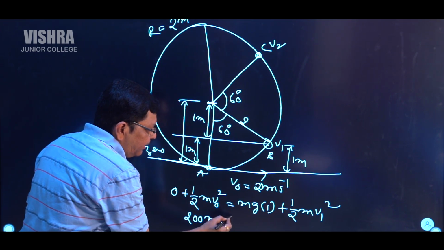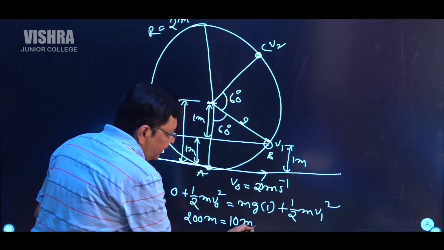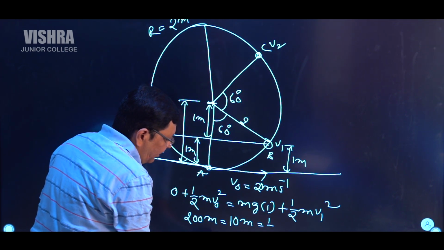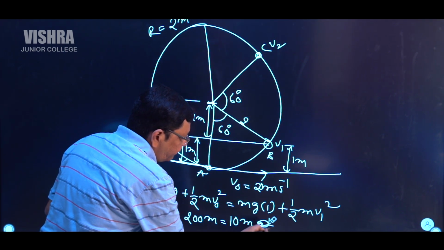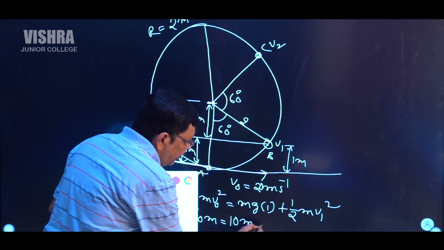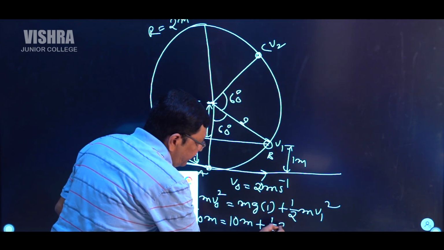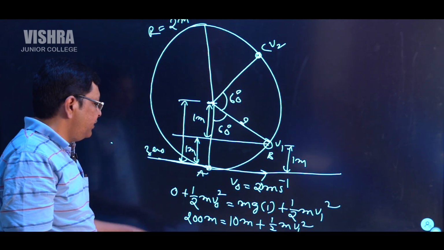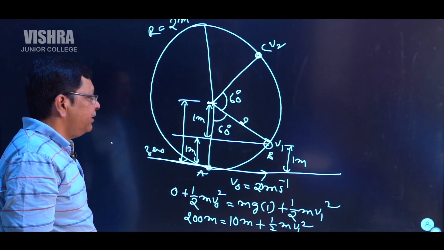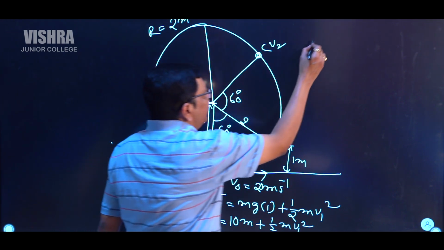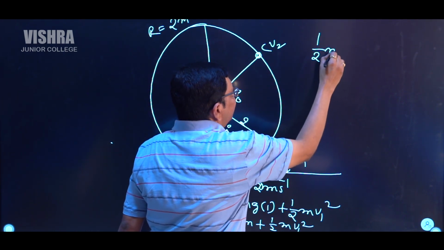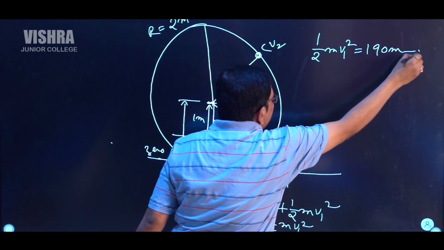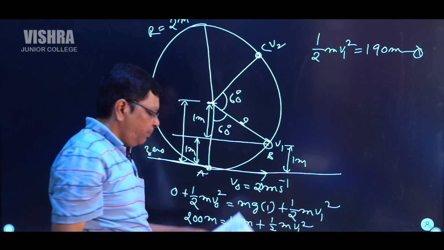And g, if I take it as approximately 10, 10m, is equal to this plus half m v1 square. So 10m plus half m v1 square. From this, half m v1 square is 200m minus 10m, that is 190m. So half m v1 square is 190m. This is the kinetic energy at point B.